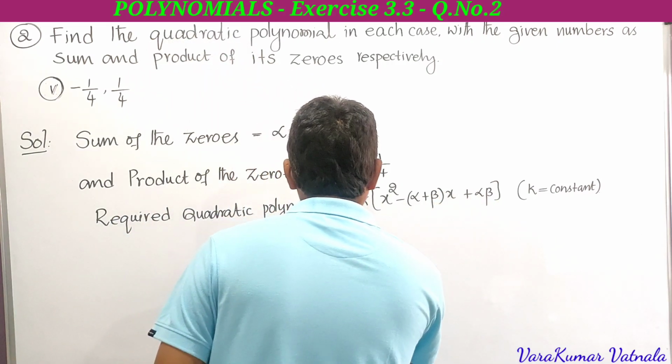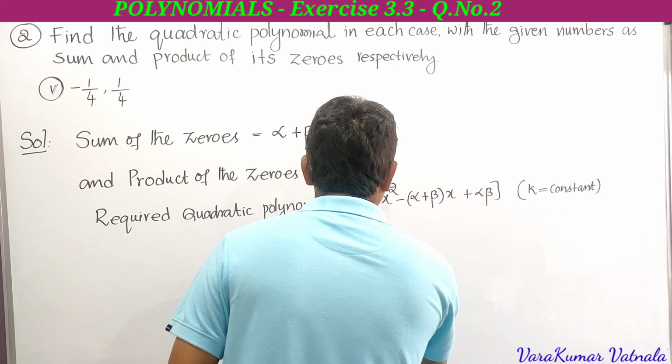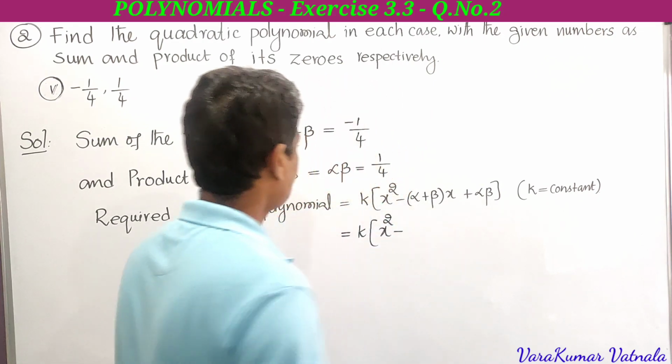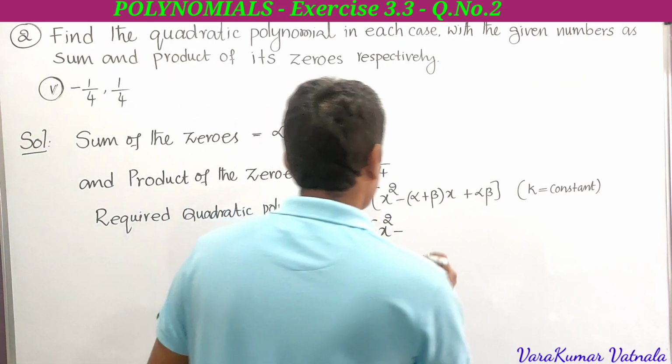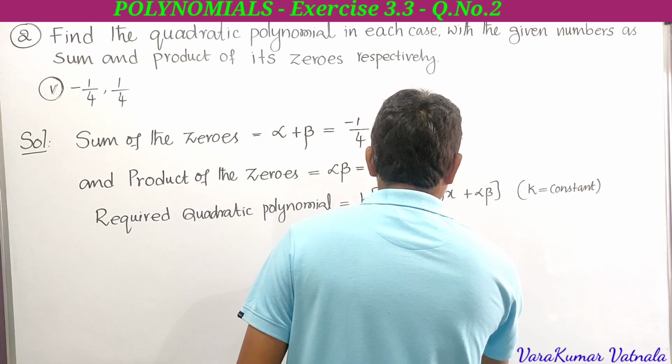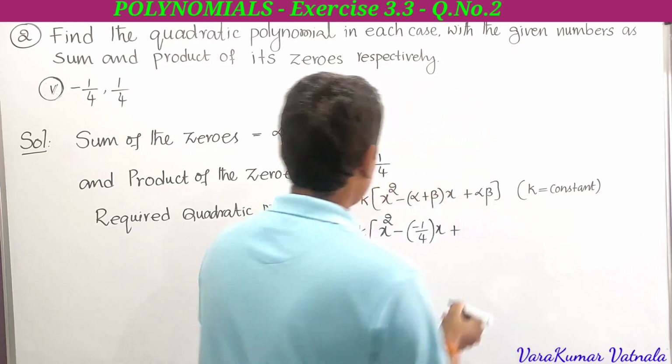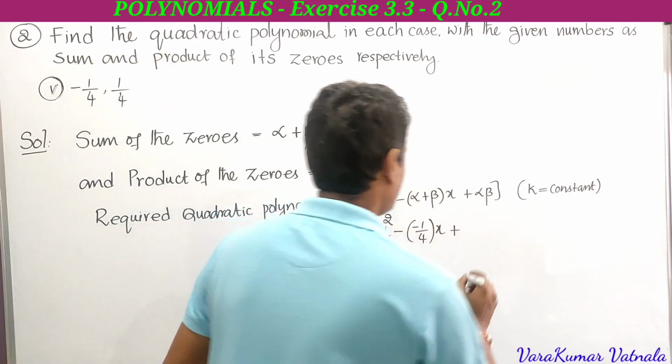So see here, k into x square minus (alpha plus beta), which is minus 1 by 4. So I am substituting minus 1 by 4 into x plus alpha into beta, whose value is 1 by 4. So I am writing 1 by 4.